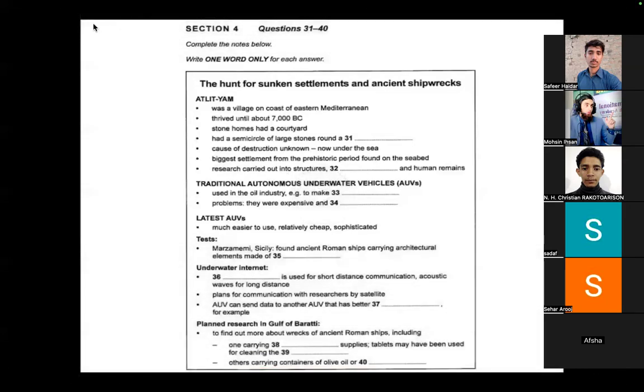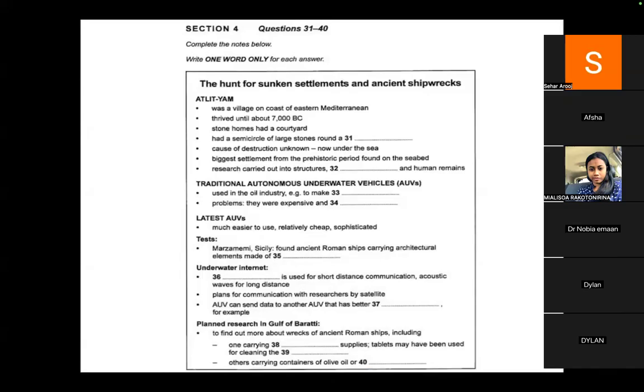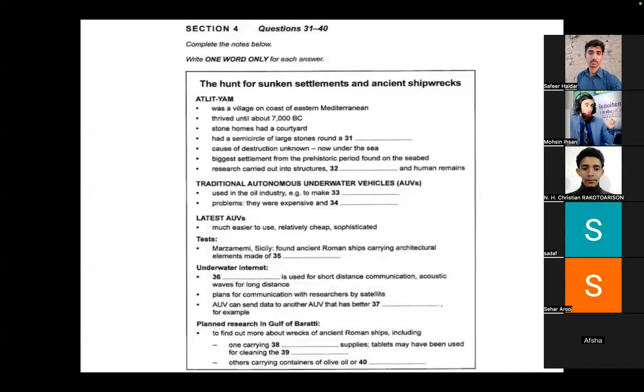Look at questions 31 to 40. Carefully answer questions 31 to 40.